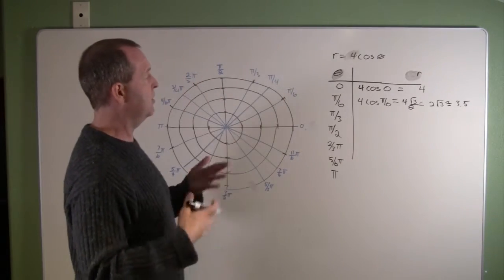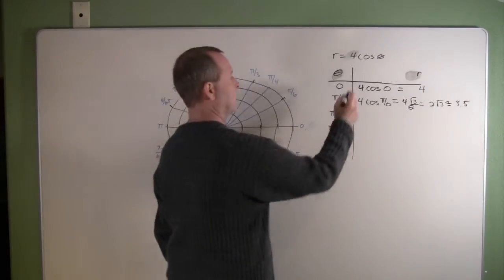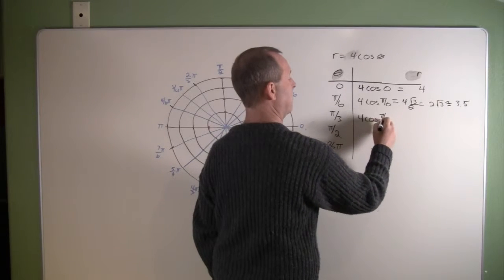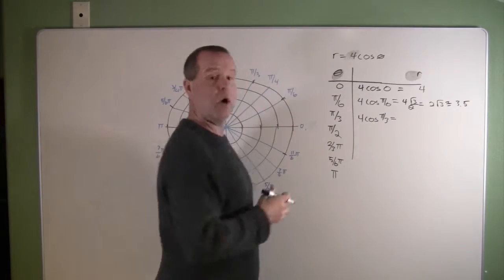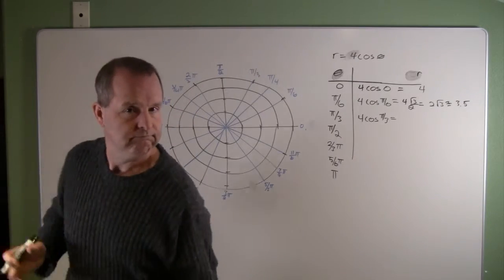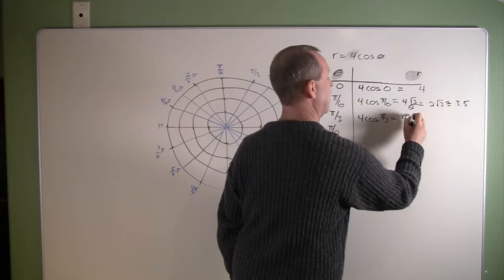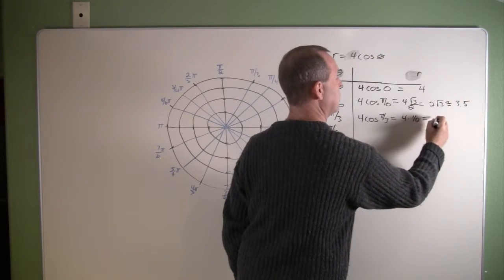Pi/3, I'm just going to choose that one as my next radian. So let's put in the equation here: 4 times the cosine of pi over 3. Cosine of pi over 3 is 1/2. So that's 4 times 1/2, and that equals 2.